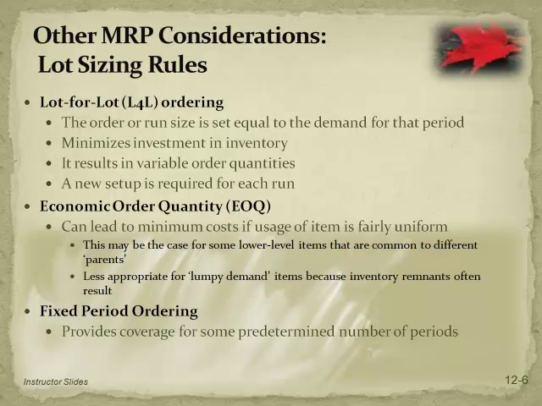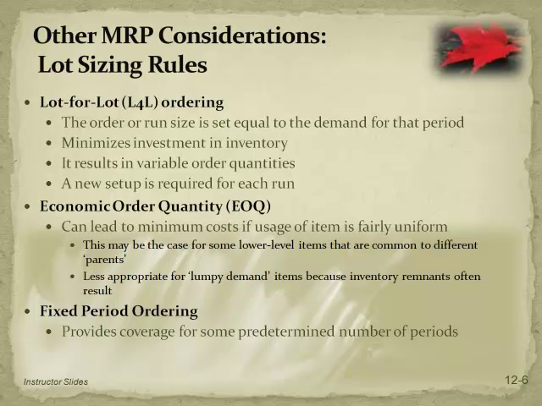So in our MRP processing, if it determines that our net required is 10, then the order size will be 10. What you need is what you get. On a different part or a different time period, if the net required is 50, the lot for lot is 50. On another part, another time period, if the net required is 1, the lot size is 1.